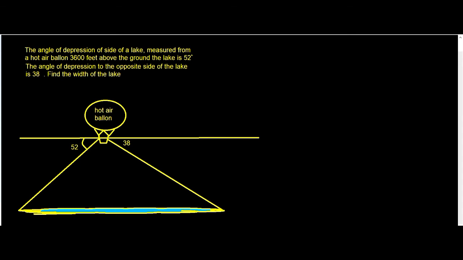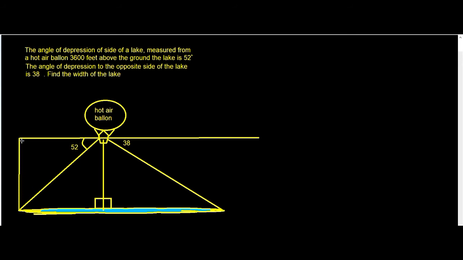For you to have an idea kung anong gagawin mo, you have to put a line over here that will create two right triangles, 90 degrees from the lake. So, meron kang dalawang right triangle, which is this one. You have 90 degrees. Ngayon, paano mo makukuha yung width nung lake?